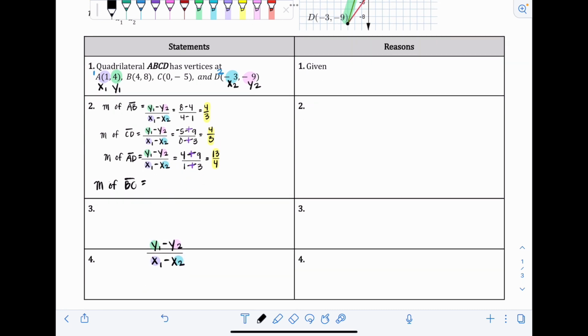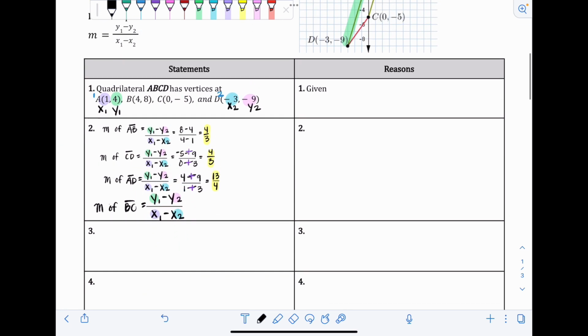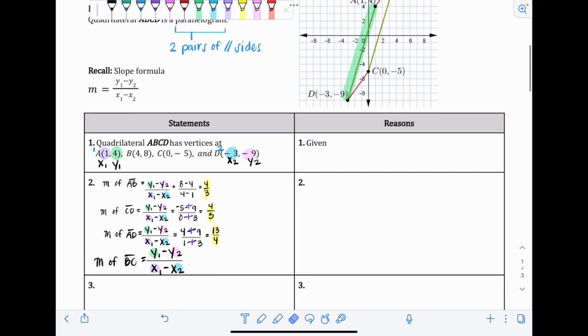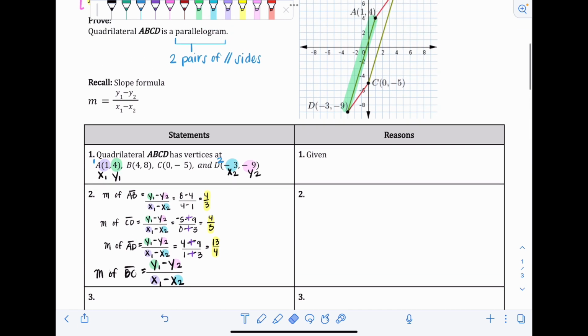I'm just going to copy it down. You really only need it one time if you're comfortable with that. And since my side now is BC, that changes my vertices to B and C. So those are going to be the points that I use for the slope formula. I'm going to make B my point 1 and then C my point 2. So this will be x1, y1, and this will be x2, y2.